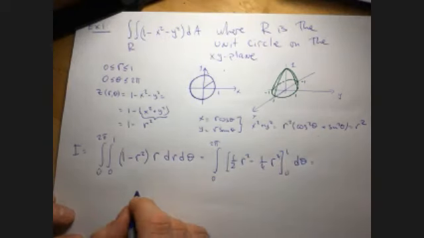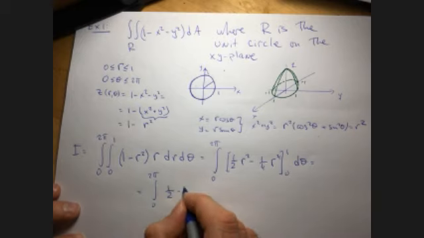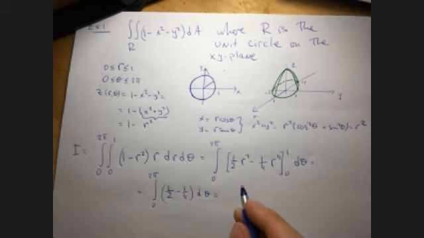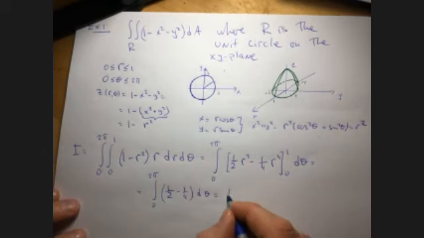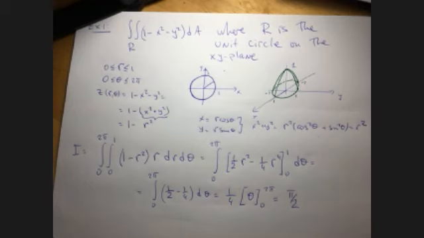The theta integral is from 0 to 2 pi, okay? 1/2 minus 1/4 minus 0 minus 0, so 1/2 minus 1/4. The theta integral is a constant one, so 1/4 times theta running from 0 to 2 pi, and the answer is 2 pi over 4, or pi over 2.